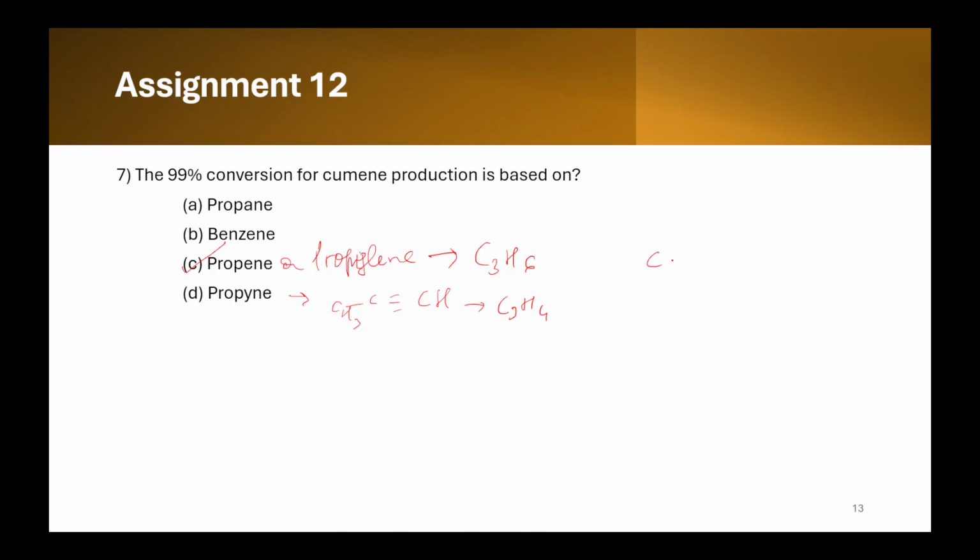I can also show the structure here. CH3, CH, double bond, CH2. So this is C3H6. Propylene is also known as propene. Basically, propene is the actual name, and propylene is the trivial name for propene. Okay, 99% conversion of propylene is the basis for cumene production.